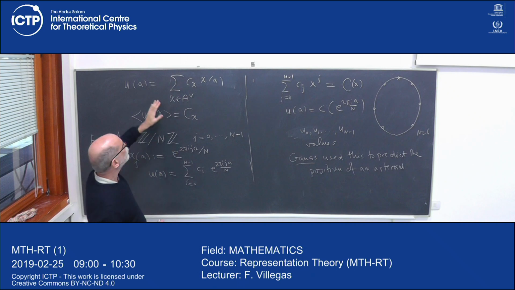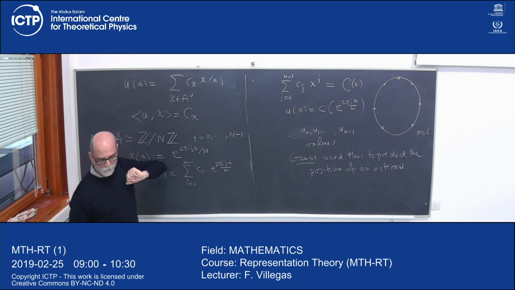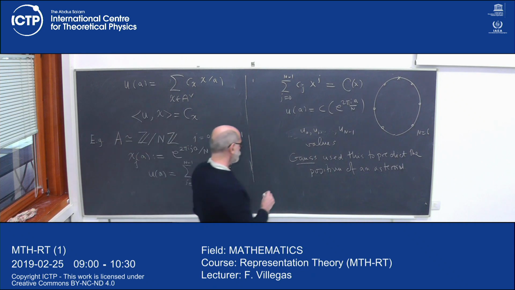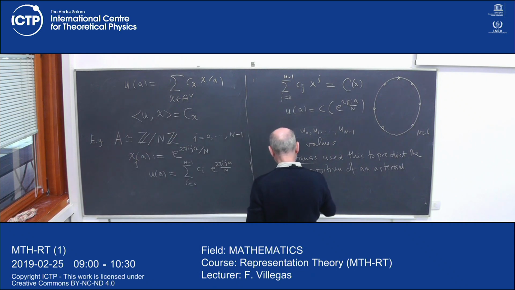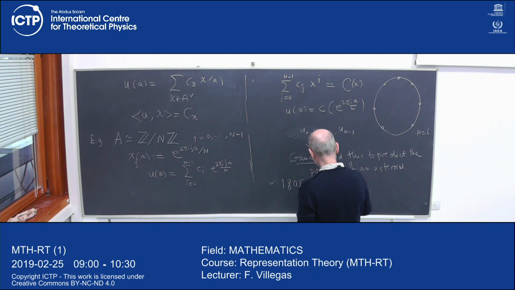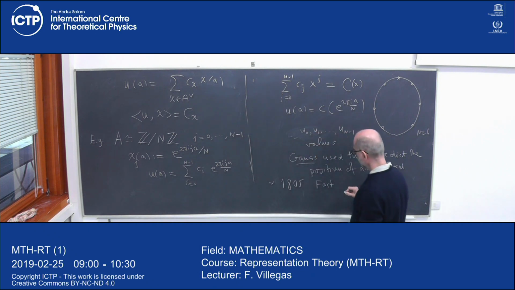So you have 12 sums, and you have to do that 12 times. So that's a lot of calculation. So he actually found a way to do this faster. So already in what is probably around 1805, he discovered what later became known as the fast Fourier transform.